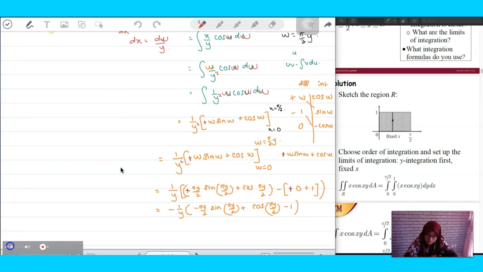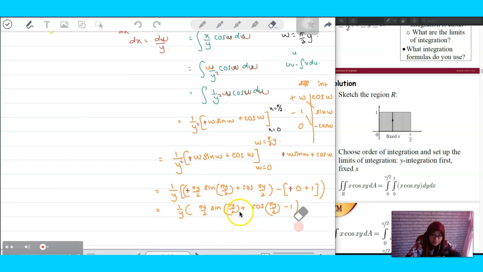So then, okay, now I check. There are a few things that I have to erase. So this is positive, sine plus, and then minus 1. Okay, so that is your result.